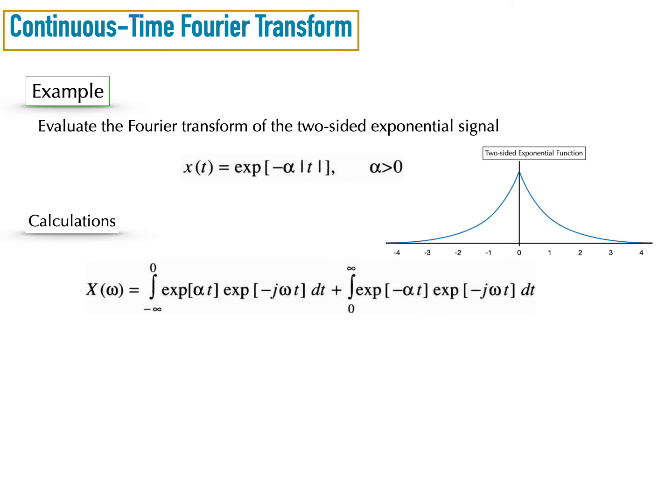Now we perform integration as usual, each part separately, and we get this value. Now we solve it and we get 2 alpha over alpha square plus omega square, and this is the Fourier transform of the two-sided exponential function.